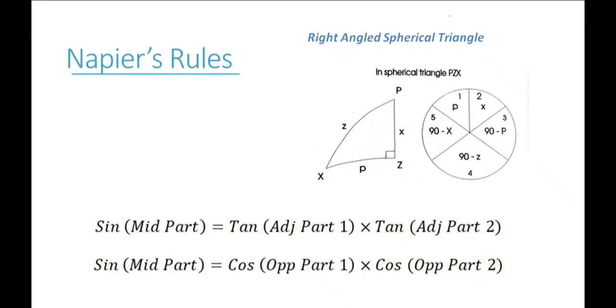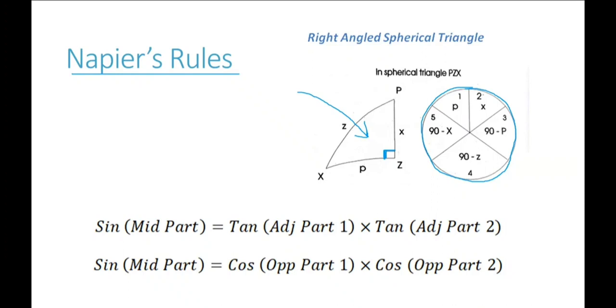For applying this, we have to make a diagram. So what you do is you draw a circle, like I have drawn this blue color circle here. We have this PZX triangle, which is a special spherical triangle. You can see here that this angle Z is a 90-degree angle. So it's a special spherical triangle.